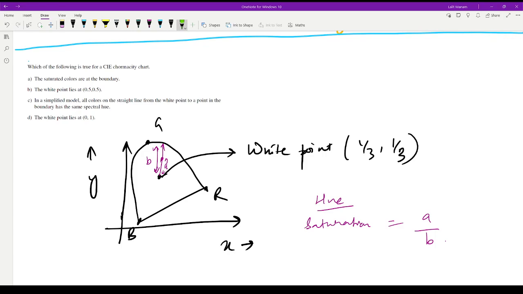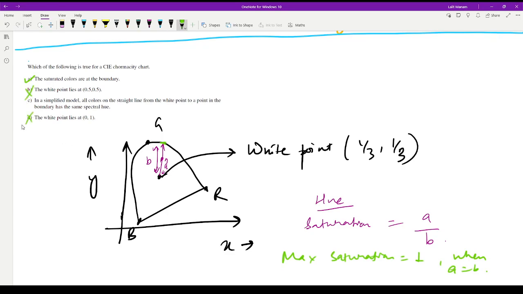The maximum saturation will be 1, right? Max saturation equals 1 when A equals B. So when A equals B, then you are at the boundary, right? Yes, sir. So the saturated colors are at the boundary, which is true. The next one, the white point lies at 0.5, 0.5, is false.